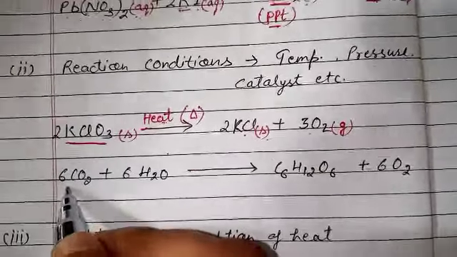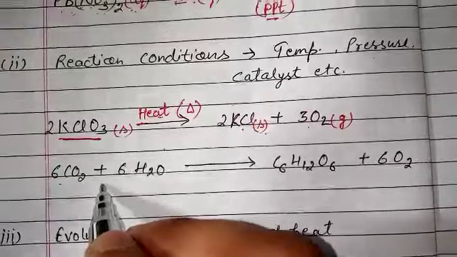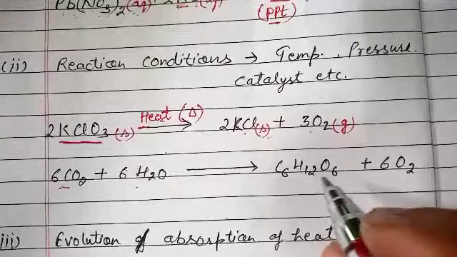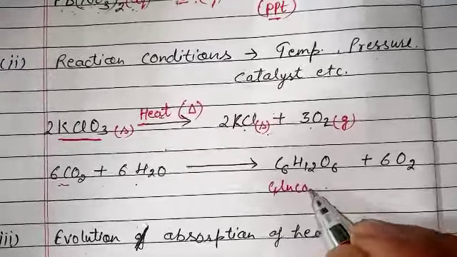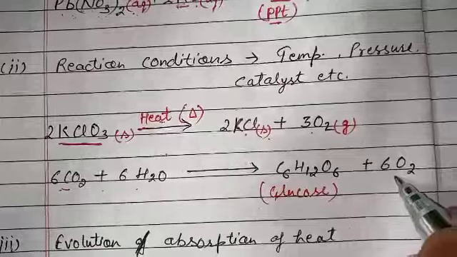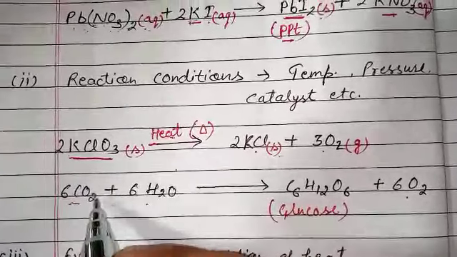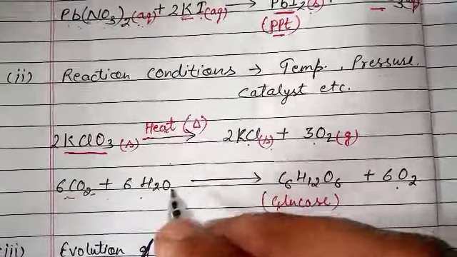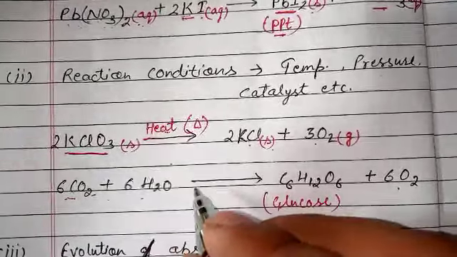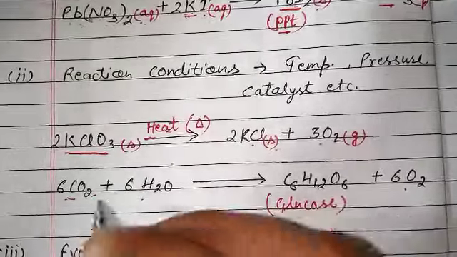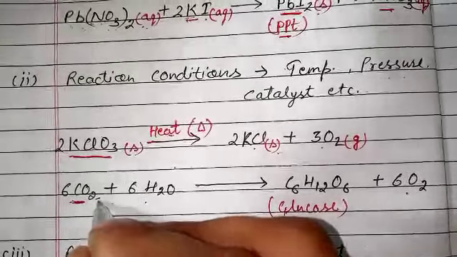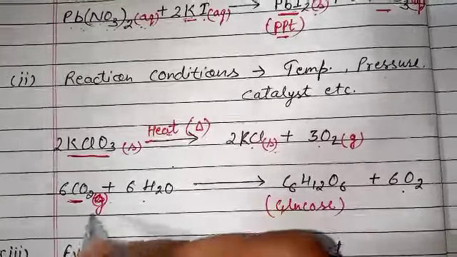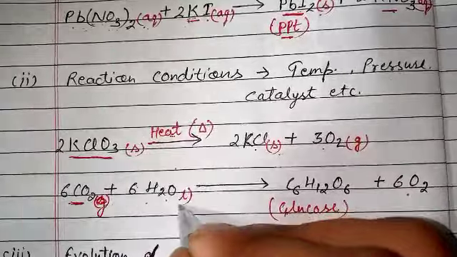Similarly, in this reaction, which takes place during the process of photosynthesis, carbon dioxide reacts with water to produce glucose and oxygen gas. Clear? So in this reaction there are two necessary conditions, and these are the presence of sunlight and chlorophyll. The carbon dioxide is taken up by the plant in the form of gas, G, so we will write G here, and the water in the form of liquid.